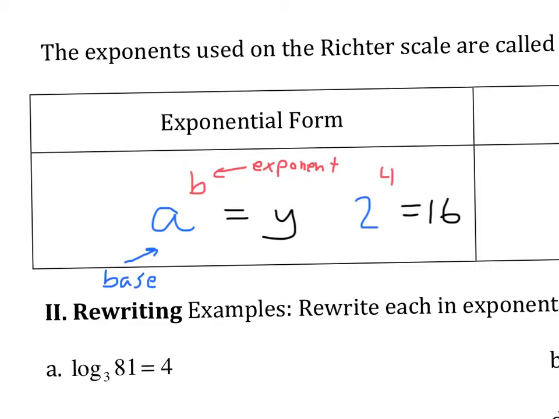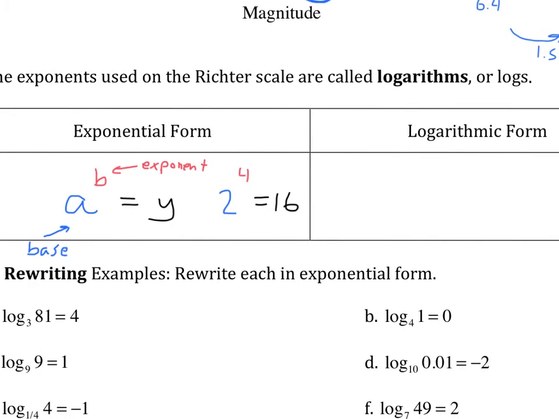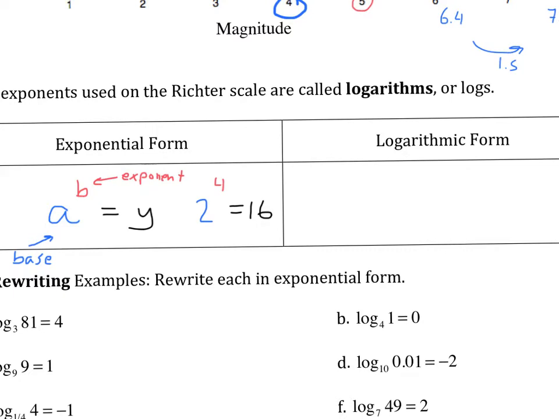All right, so how do I rewrite this? Well, we use this idea of a logarithm, or we simply say log. So instead of saying logarithm, we just say log. So what you do is you have your log with your base here, then the number that it is, and then your exponent is over here, and that's a b.